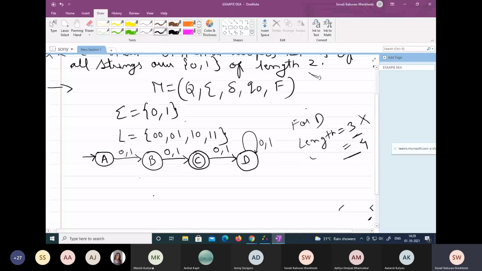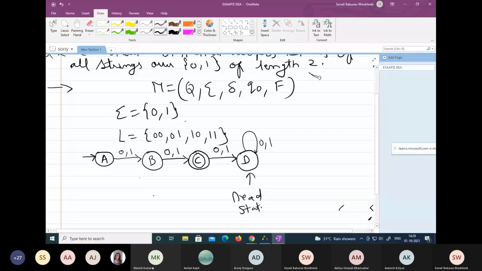So always show the dead state also, after computing that. D is my dead state, or it is also called a trap state. Okay, it's better to call it the dead state.